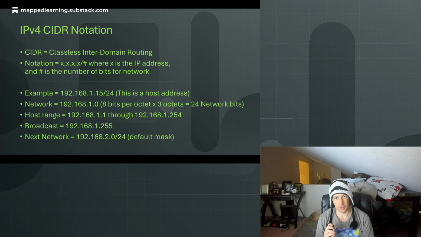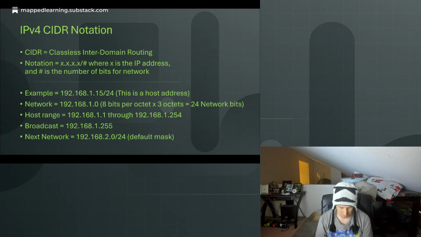For this address with the CIDR notation of 24, this is why we have to subtract 2 addresses from that available host range. The network ID is anywhere in the subnet mask you see a 0, you make all of those zeros.